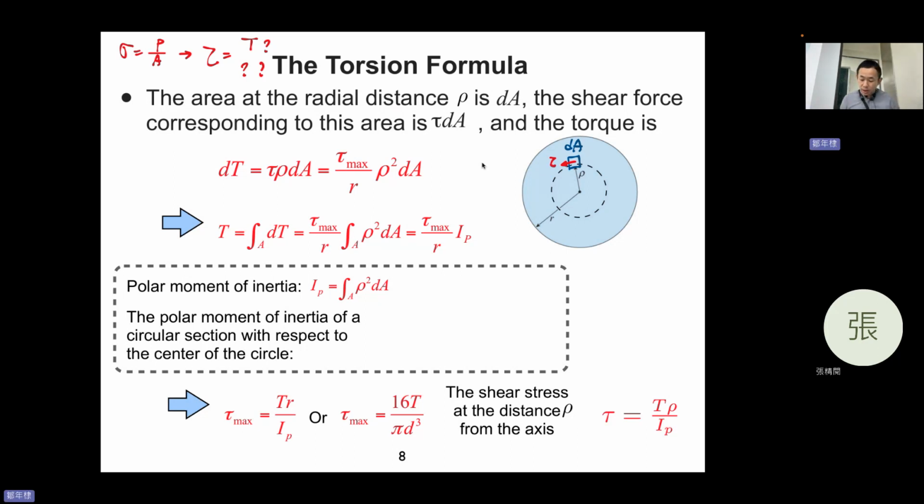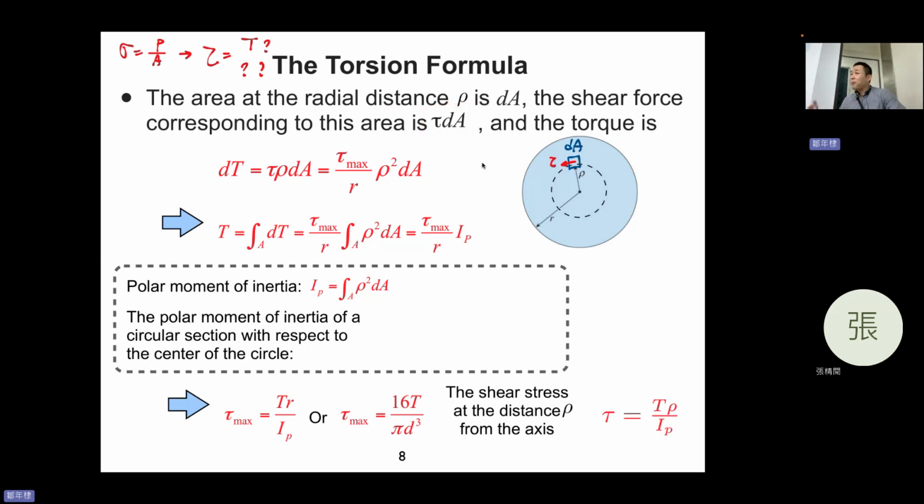The shear stress acts on dA at distance rho from the center, and the shear force on that area is tau dA: shear stress times area is shear force.